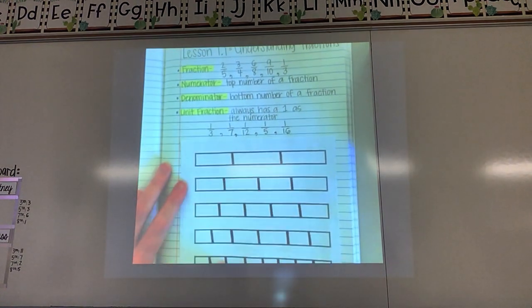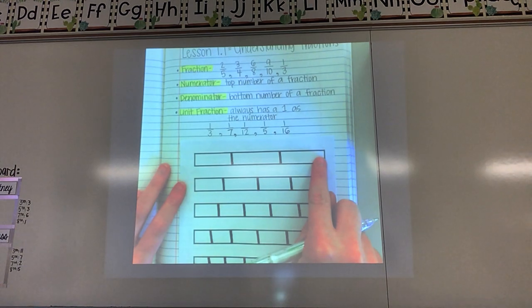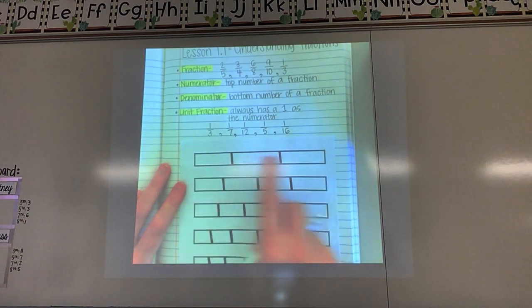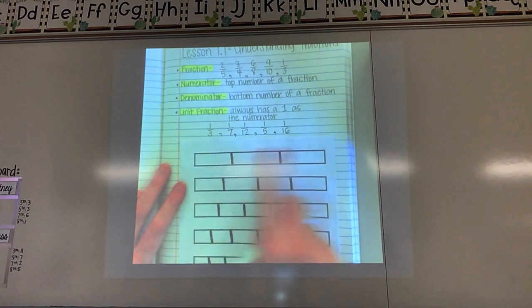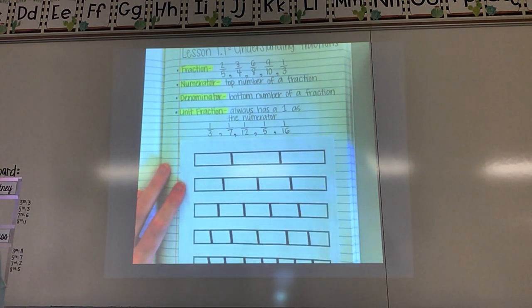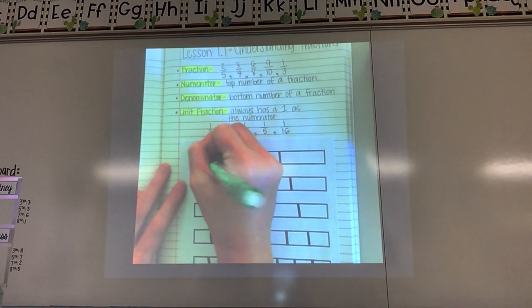Let's do some examples down here with our fraction bars. Looking at the first fraction bar, I want to label each one of these pieces. So I'm going to count how many pieces there are. And that's going to be my bottom number. And my top number is going to be a 1 because each piece is by itself. So this is 1/3.